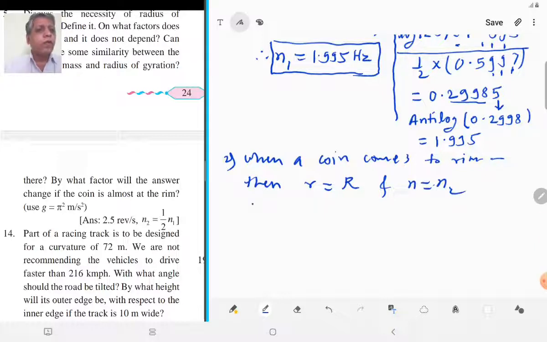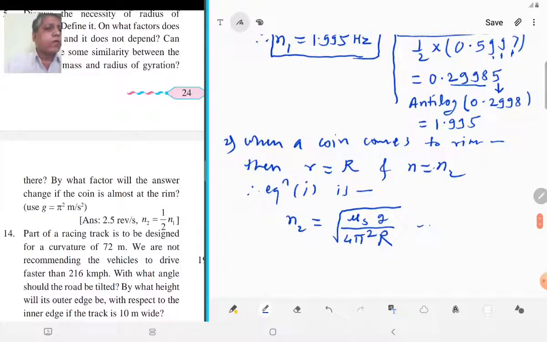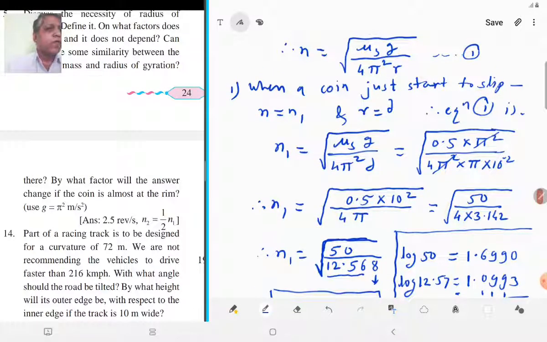Therefore, equation 1 gives n2 is equal to square root of mu s g upon 4 pi square into capital R. This is equation number 3. And the equation for n1 is considered equation second.